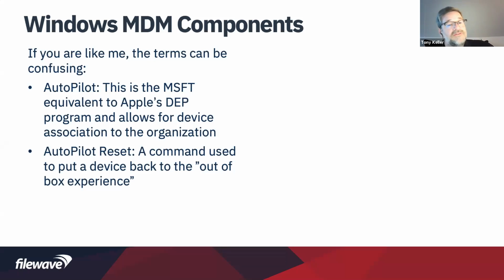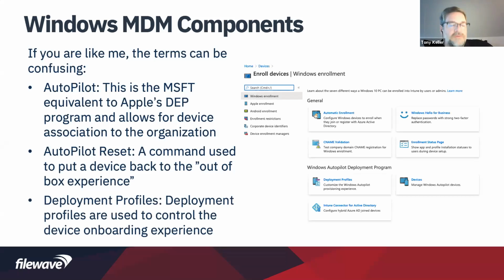What we can do is send it this Autopilot Reset, which makes it lose all the applications and the user data and just takes it back to bare Windows like it was when it came out of the box, which then allows the next person to pick it up and start using it fresh.